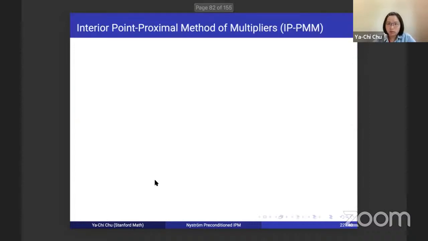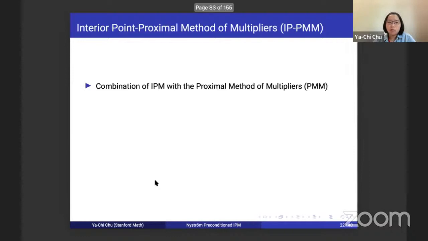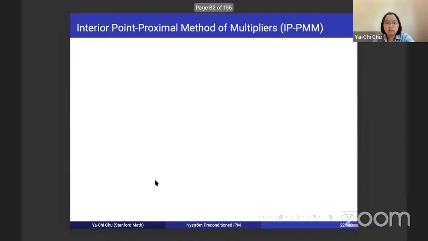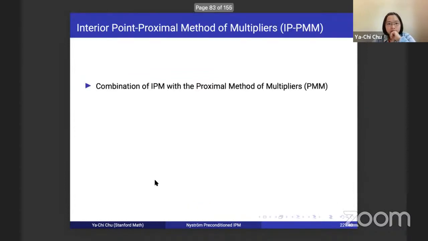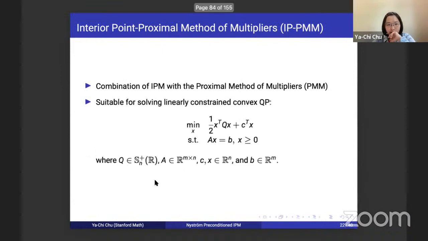The IPPMM, in one word, is a combination of interior point method and proximal method of multipliers. By the way, it's a really recent algorithm proposed by Professor Gondzio and his collaborators roughly 2 years ago. So it's a variant of IPM.